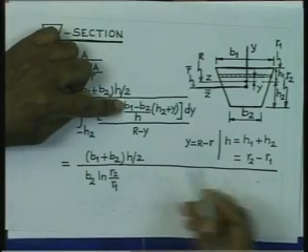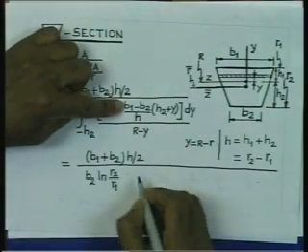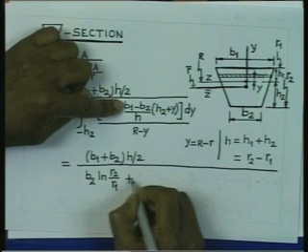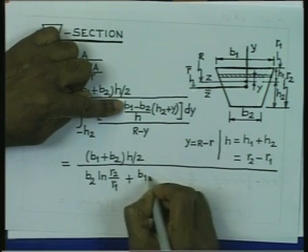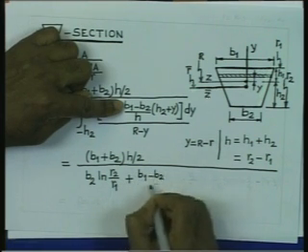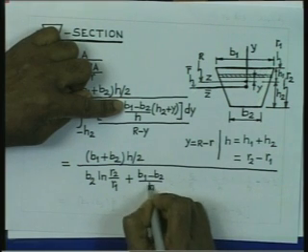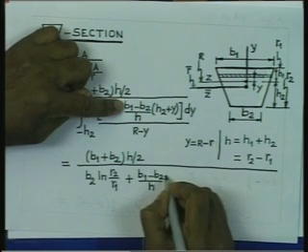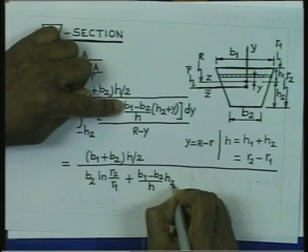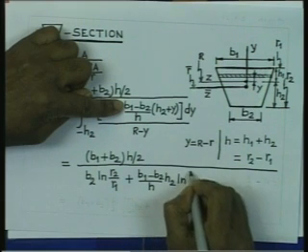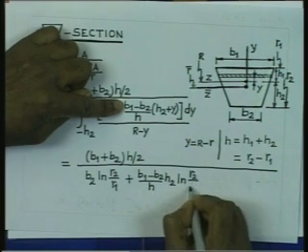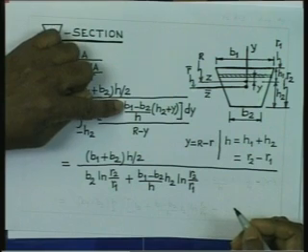Similarly, this portion will also be straightforward, (B1 minus B2) by H, and this is H2 ln R2 by R1.